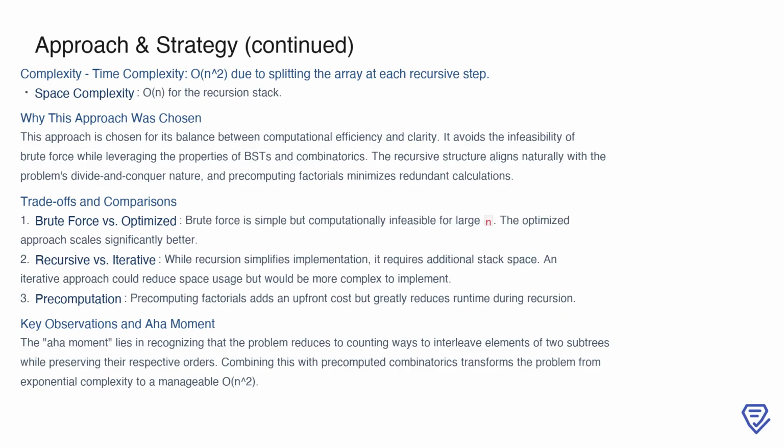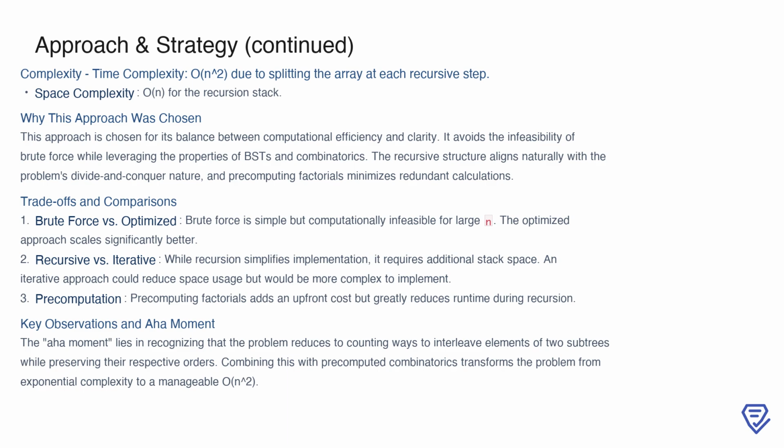For example, while brute force is easier to conceptualize, it is computationally infeasible for large arrays. Recursion, while elegant, uses additional stack space, which an iterative approach could potentially avoid, though at the cost of implementation complexity. Pre-computing factorials adds an upfront cost but significantly accelerates the main computation.